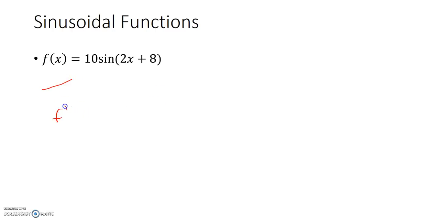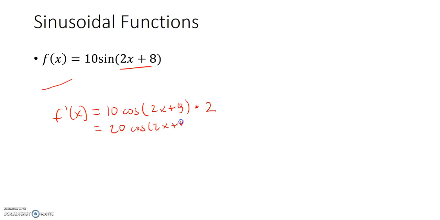We know that the derivative of this will require a chain rule, since we have not just the sine of x, but the sine of 2x plus 8. So the derivative of sine is cosine of the guts, multiplied by the derivative of the guts, which, for 2x plus 8, is just 2. And so my derivative function is 10 times cosine times 2, which is 20 cosine of 2x plus 8.